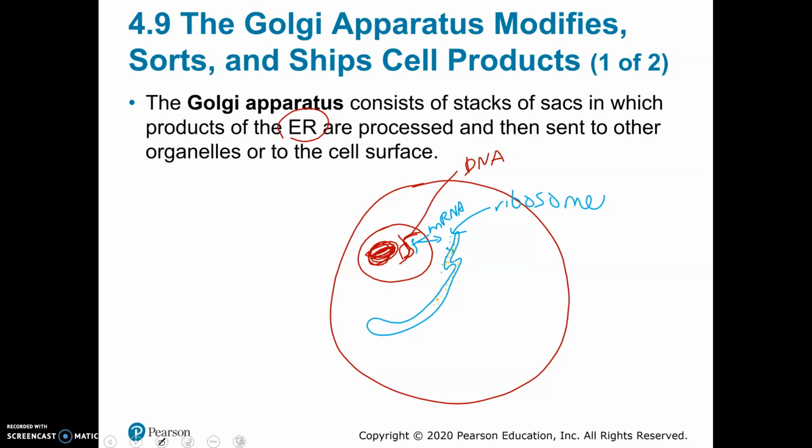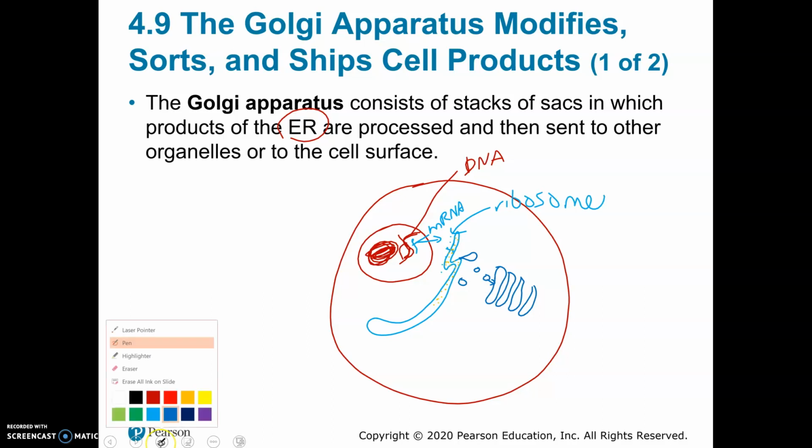And then after that happens, pieces of this rough ER will bud off, literally bud off, and take this protein, now that's been modified, to our next stop, the Golgi apparatus. These will actually fuse with the Golgi apparatus and dump off this product, where it might get further modified.